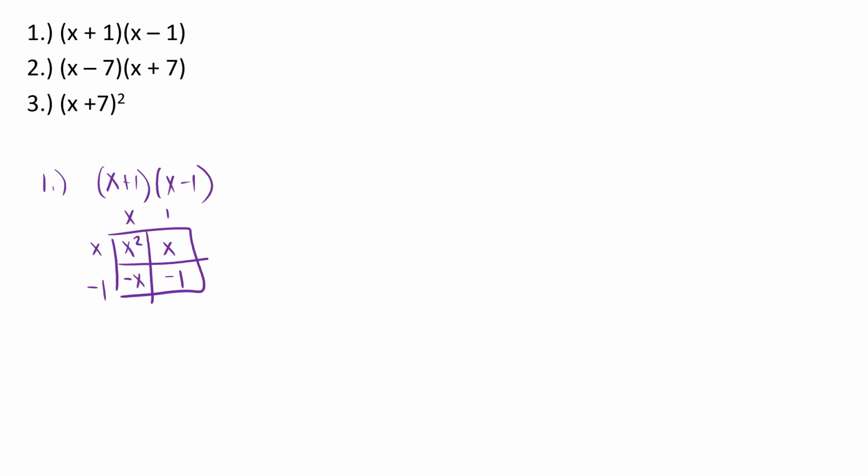Okay, and x minus x is 0, right there, leaving you with x squared minus 1. Now, looking at the next one, we have x minus 7 times x plus 7. You might find that it's faster to do this without using the model or doing the foiling, because you've got x times x, that'll be in that upper left box, and then you've got the lower right box, and those are the only two boxes that you need to think about.